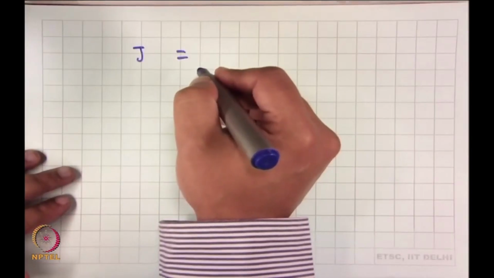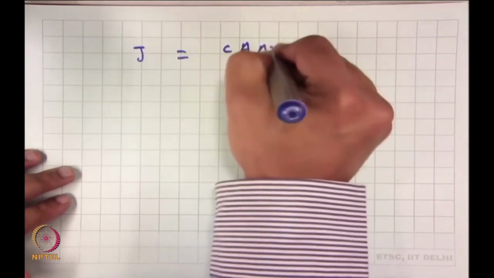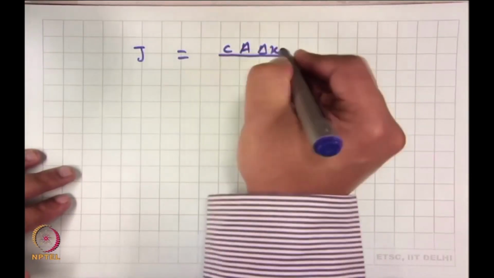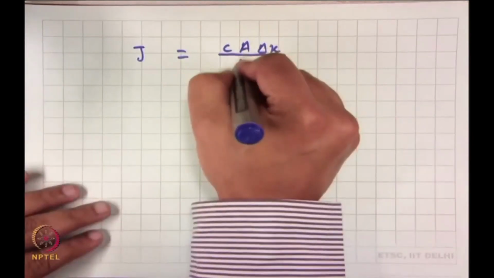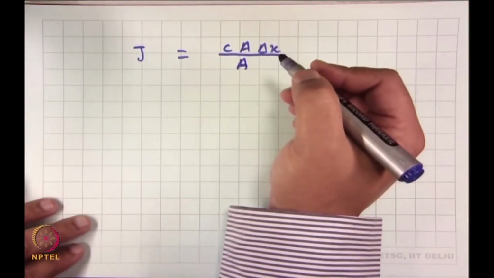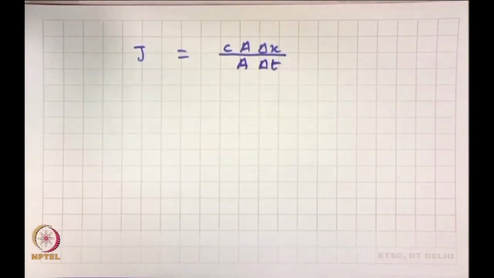It's the total number of particles we just derived, which is C times A times delta x. Now, what do we have in the denominator? Per unit area, so we should have A, then per unit time. So, if you have delta x, I should be writing delta t. So, this is the definition of J.